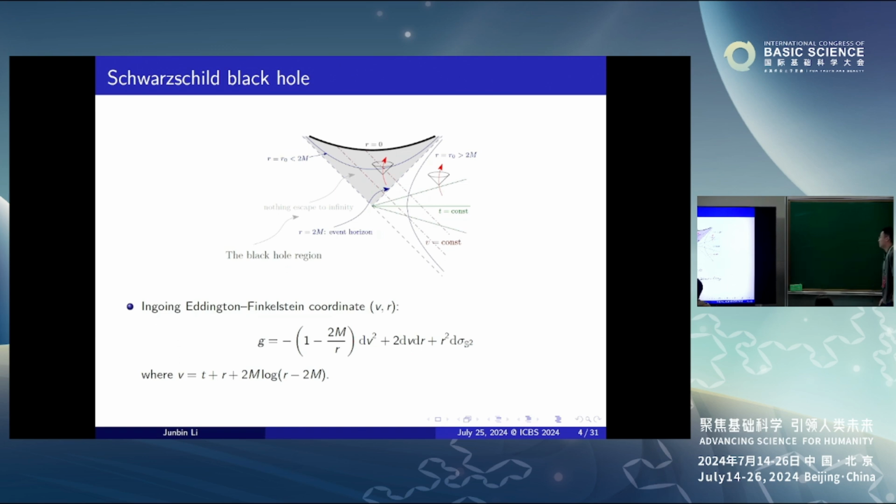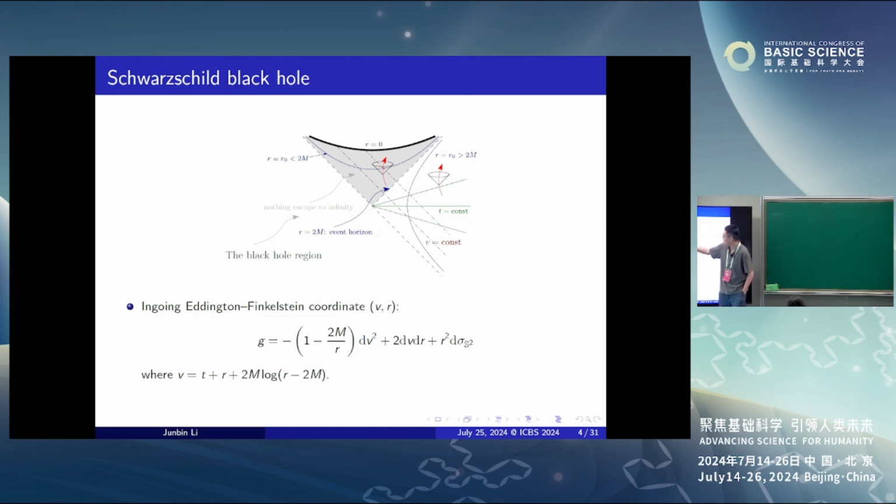This part is called the black hole region of the Schwarzschild spacetime. If you start inside this region, for example at this point, and begin to travel, in general relativity you can only travel along time-like directions, which is inside the light cone. If you travel here, you cannot get out of the r less than 2m region.